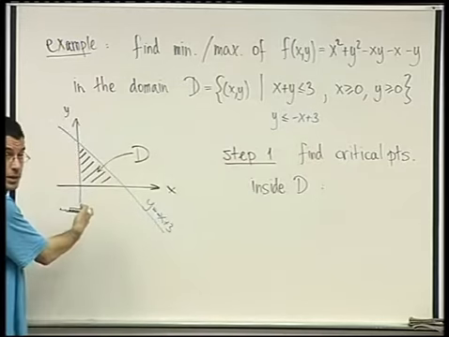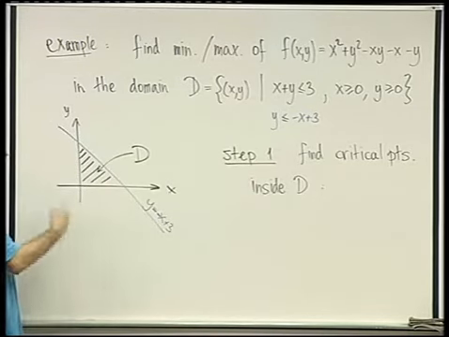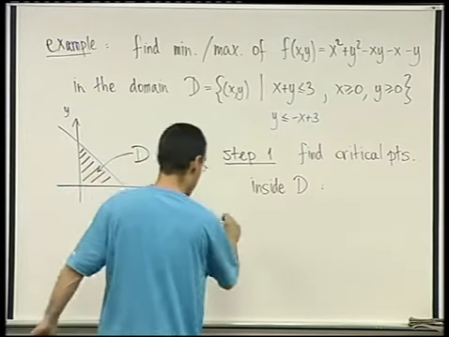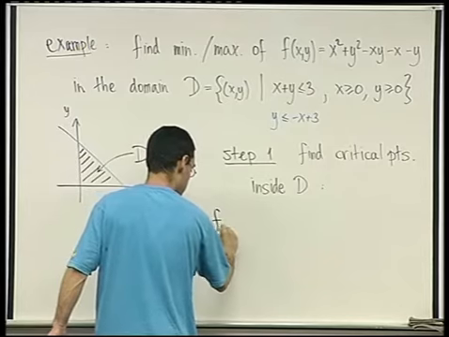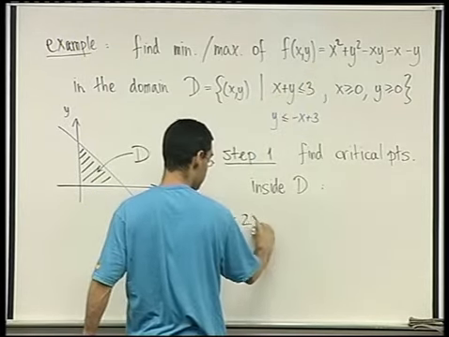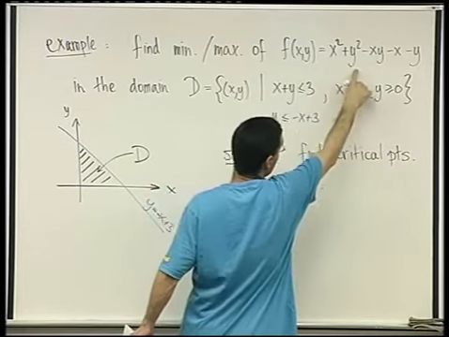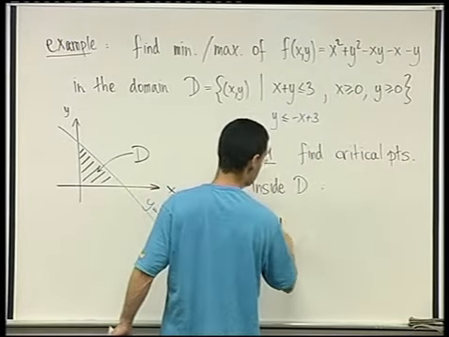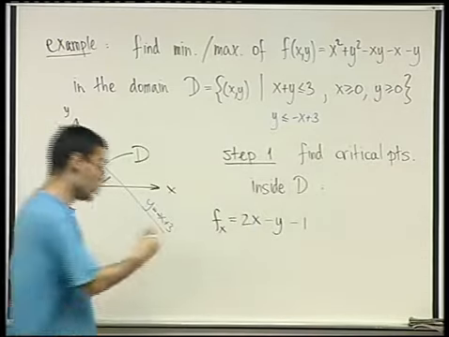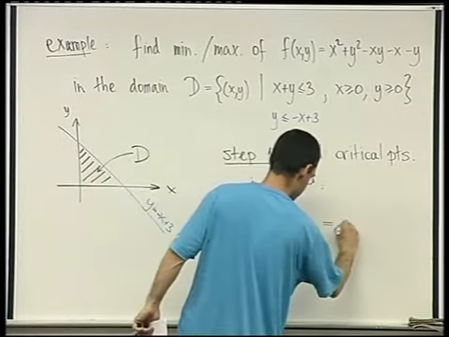We take the partials of f with respect to x and y and set them equal to 0, just like we did previously. Okay? So what's the derivative of f with respect to x? It's 2x minus y minus 1. Do you agree? And we want this to be 0.